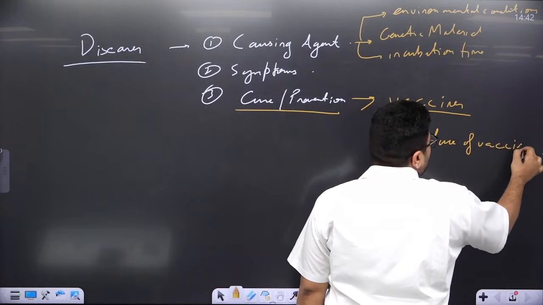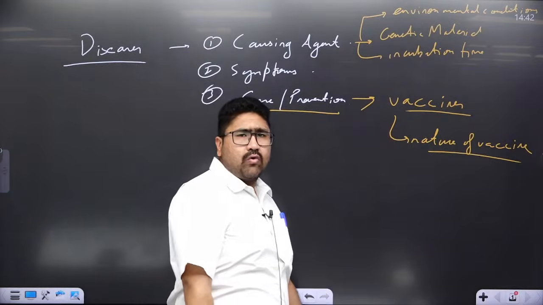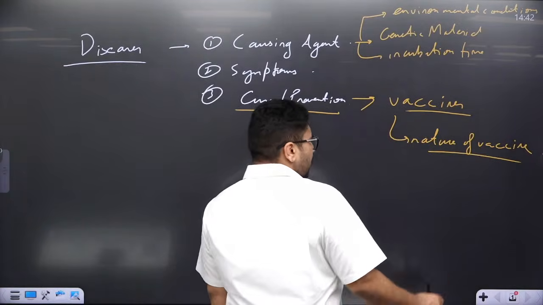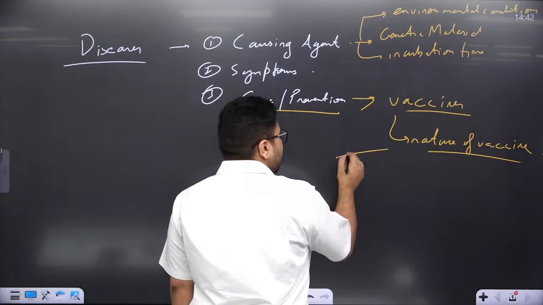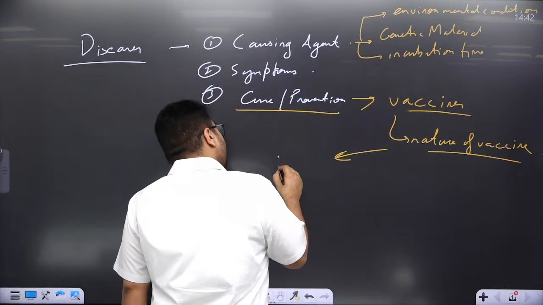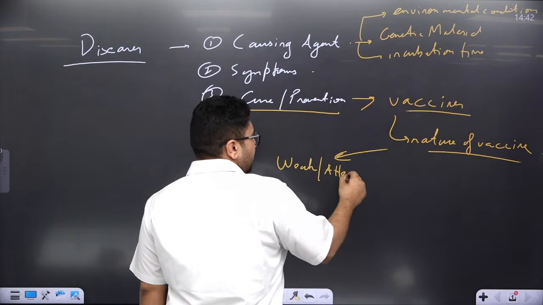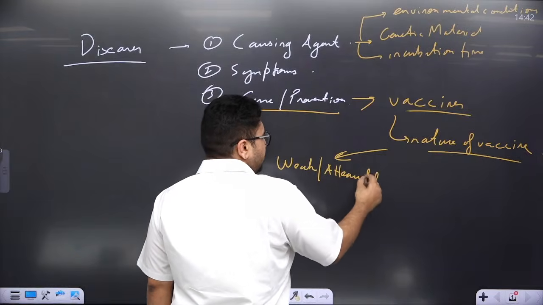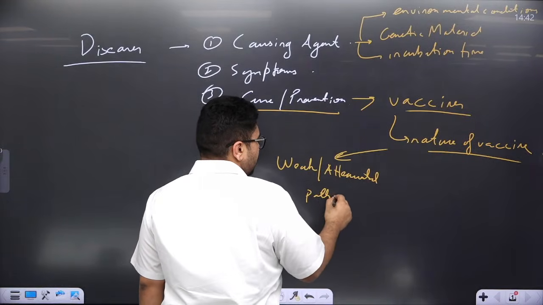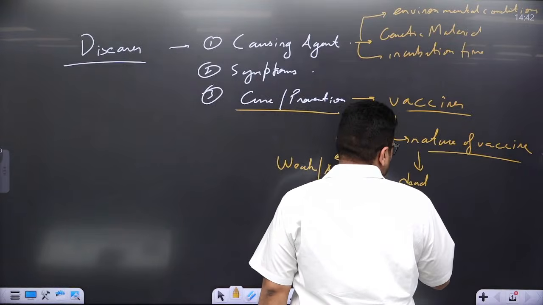When we talk about the nature of the vaccine, what we are trying to emphasize is how it is made. Sometimes a weak, attenuated pathogen is used. Sometimes a dead pathogen is used.